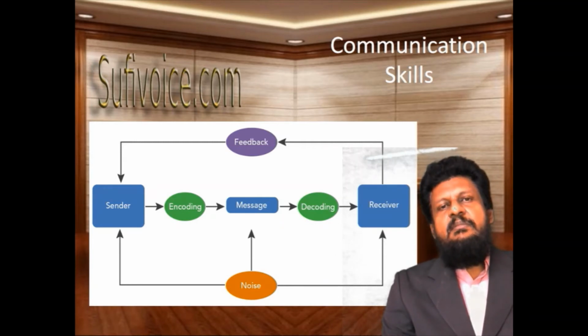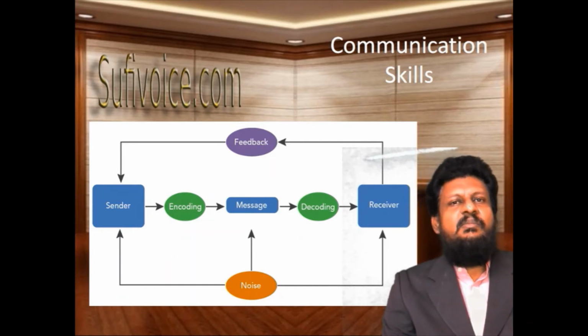In the meantime, he got an emergency call from his boss. While his boss was talking to this person, suddenly there was a big noise in the restaurant. That noise is a communication barrier. Because of that, we may miss the information.